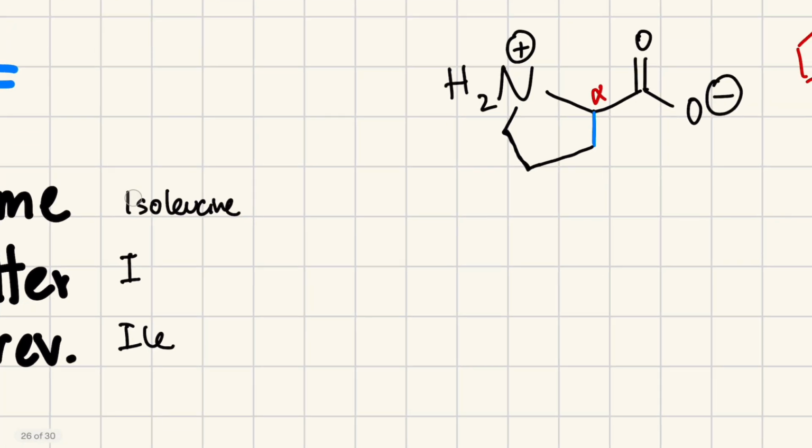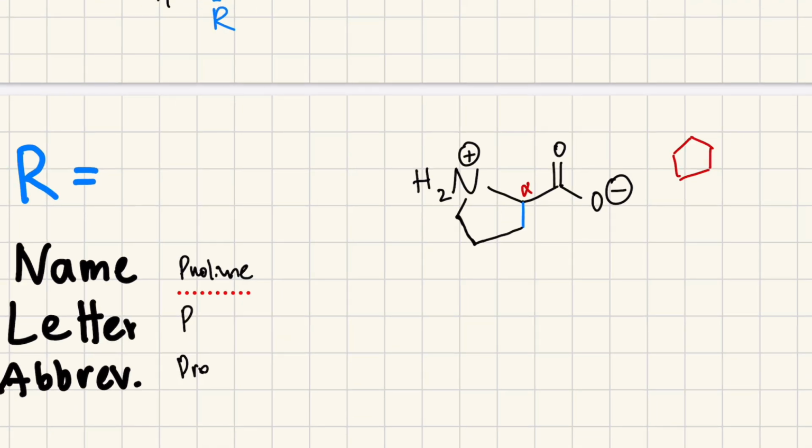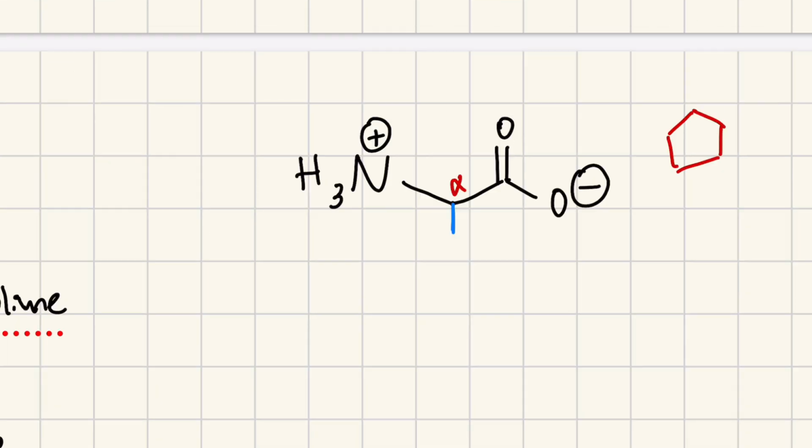It's just a weird big ring. Proline, P, pro. But because it's a simple nonpolar amino acid, it still gets what it wants in terms of its naming. So that's nice. My next group of amino acids are still nonpolar, but these are the two sulfur-containing amino acids.